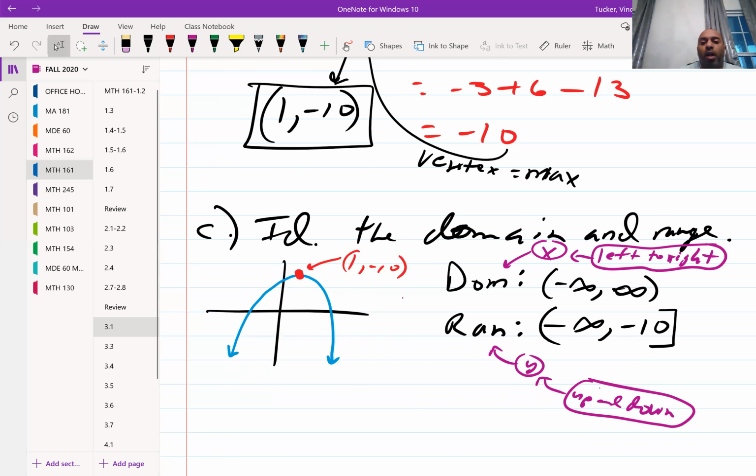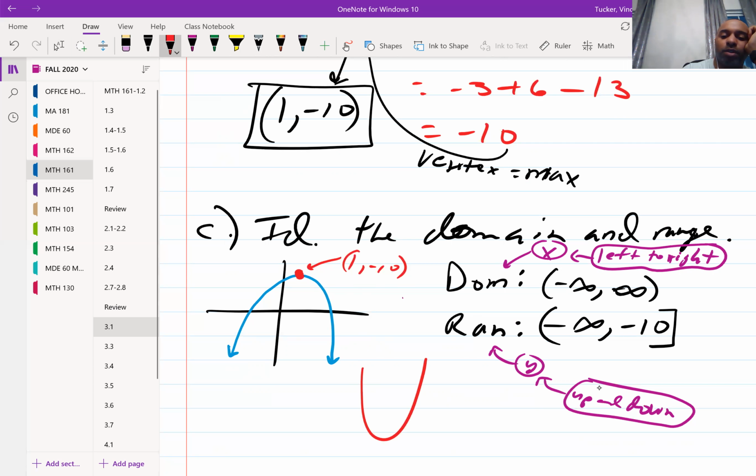Then your range. In this case, your vertex is going to dictate what your range will be. You're talking about going up and down, your y values. Here, the highest value is negative 10 for y, so it would go from negative infinity up to negative 10, and you use a bracket because you can use that value.